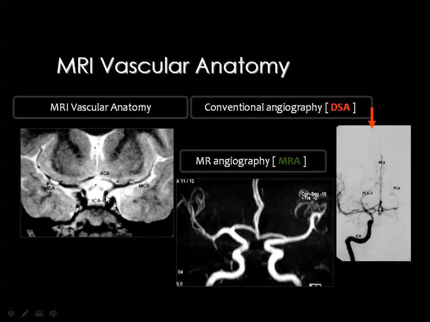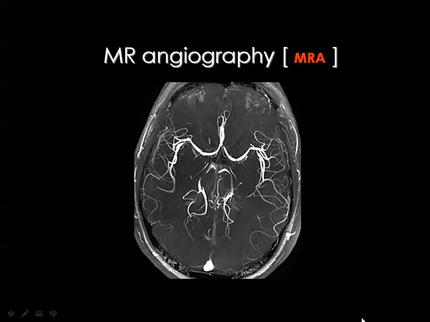You can see this is the internal carotid artery, middle cerebral, anterior cerebral, or you can use the MR angiography, whether without injecting contrast media or with injecting contrast media, to obtain these beautiful images for the carotid circulation. And this is an example of MR angiography of the brain presented in the axial plane.